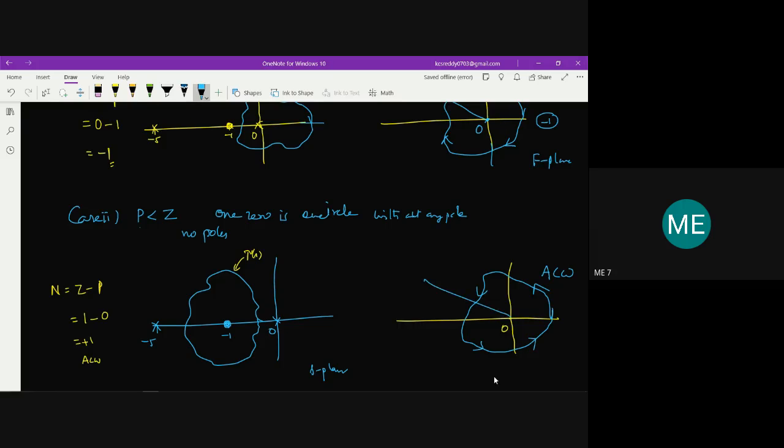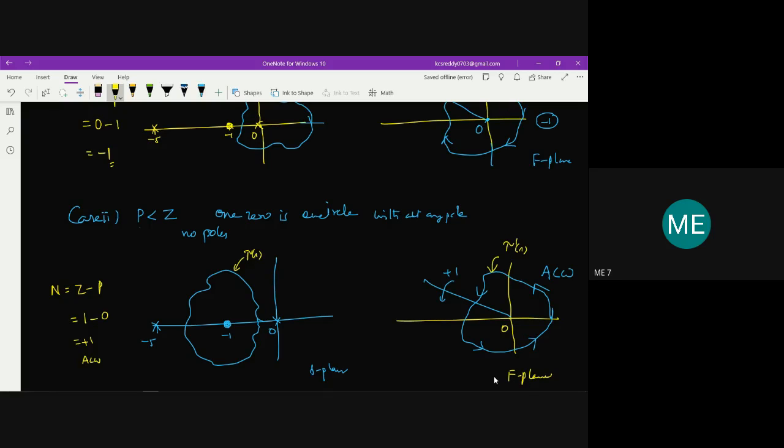So whatever the orientation, the direction is this one, which means +1. This is the tau dash of S path in the F plane. So this is what we can call the mapping theorem.